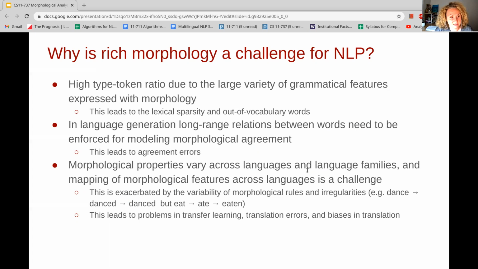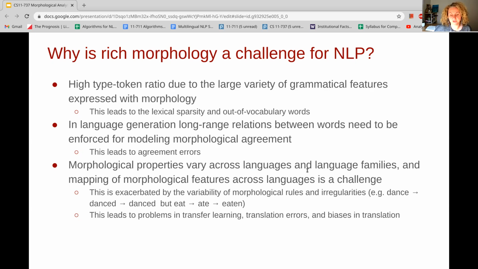And so mapping between morphologies of different languages is difficult. This leads to difficulties in transfer learning. When we want to transfer training corpora from one language to another, this can lead to problems. This can also lead to translation errors.